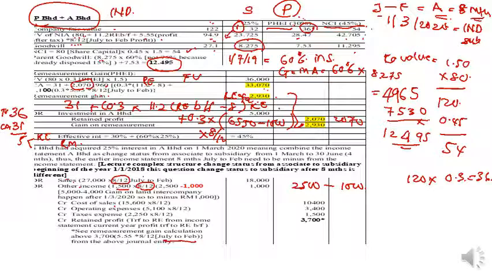And then plus the profit here, 0.33, times the portion of net income that we have in A.